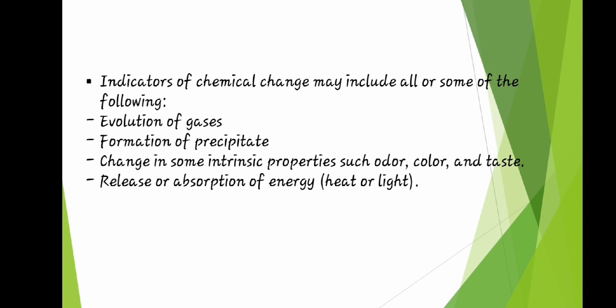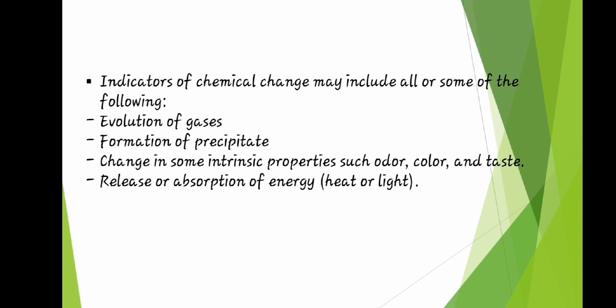Okay, the indicators are actually an example of how you can classify the acidity or basicity of a substance. And acidity and basicity of a substance is included in chemical change. Why? Because, as I've said, it includes changes in composition or structure. So how can you classify the acidity and basicity of a certain substance?